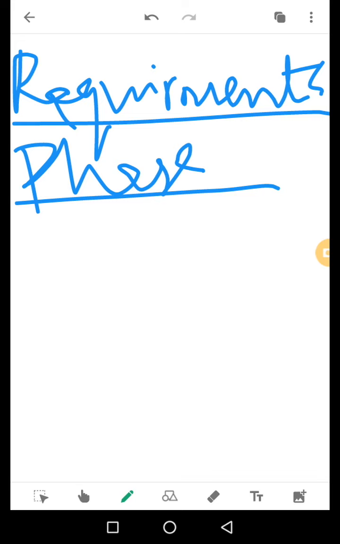Then it will be followed by requirement specification. Don't forget, the requirement phase can be divided into requirement elicitation, requirement analysis, and requirement specification. Under requirement specification, there will be documentation of the requirements. That is, the gathered requirements will be documented, will be recorded.